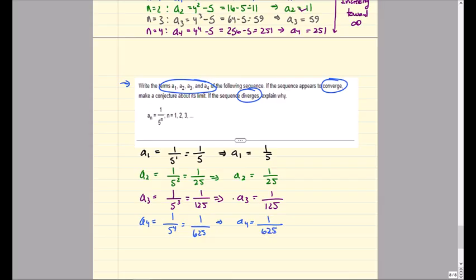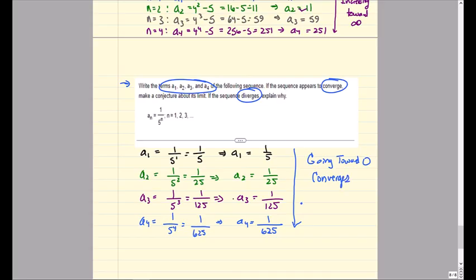So these are also going toward something. The numerator is fixed. The denominator is increasing without bound. So I feel like this is going toward 0. So going toward is another way of saying converges.